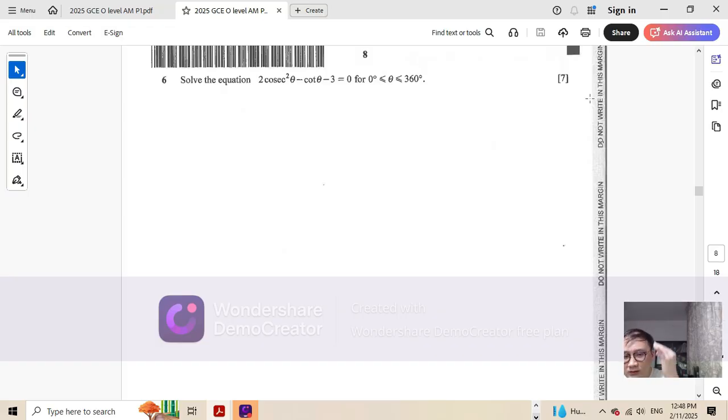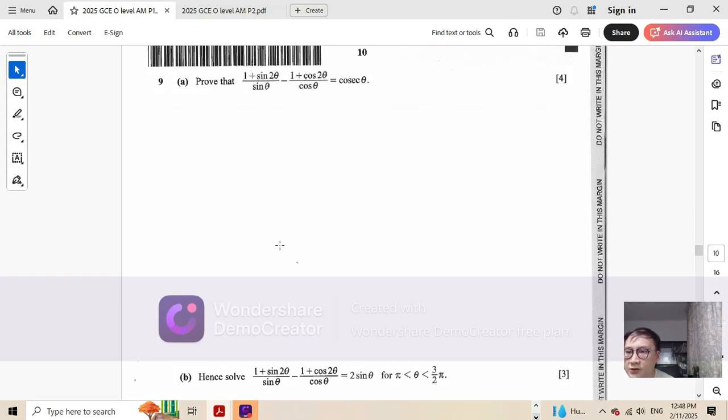So before you do these 3 things, you need to do some simple manipulation, be it using a trigonometric identity or your usual rules of mathematics. So these are the 2 questions that were tested in the 2025 O-level additional math paper.